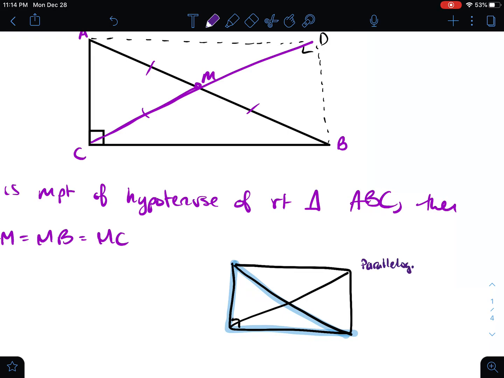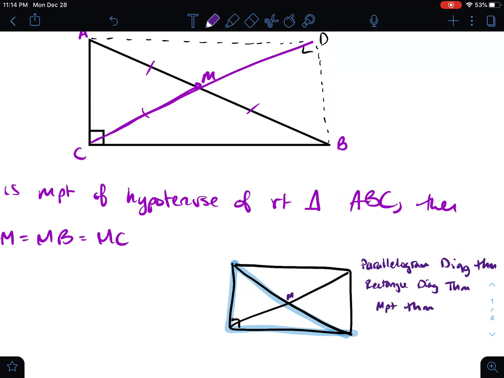Well, then a mix of the parallelogram diagonal theorem says that both of these diagonals are bisected by each other, so we know M is the midpoint of both. And the rectangle diagonal theorem says that each of the diagonals are congruent.